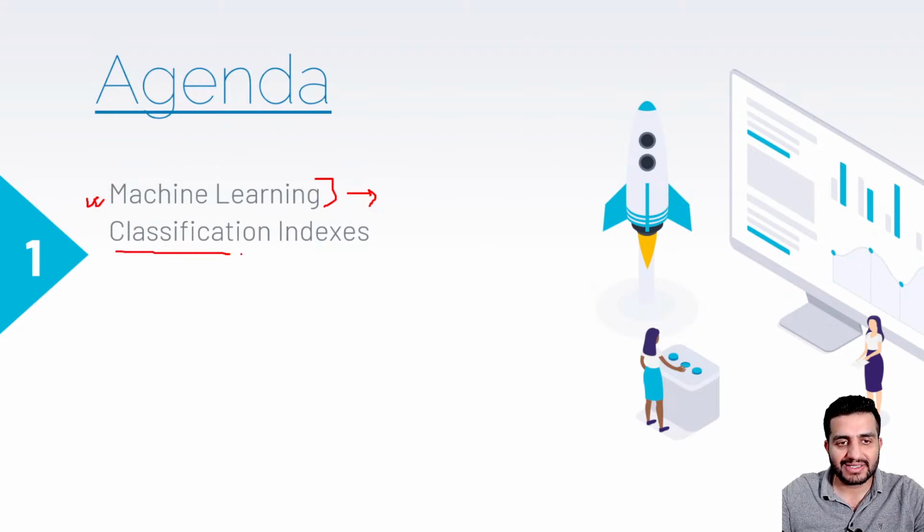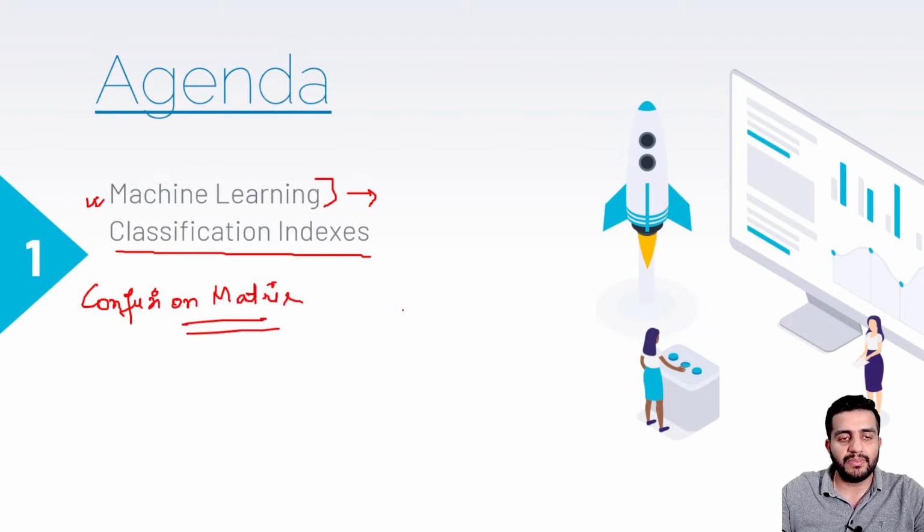Then we'll quickly move towards the classification indexes, where we will prominently talk about the confusion matrix. The confusion matrix is the part that should be explored, as there is a lot of confusion around this area, so we try to understand what a confusion matrix is. In the confusion matrix, a lot of keywords come up, such as type 1 error, which we're going to look into.